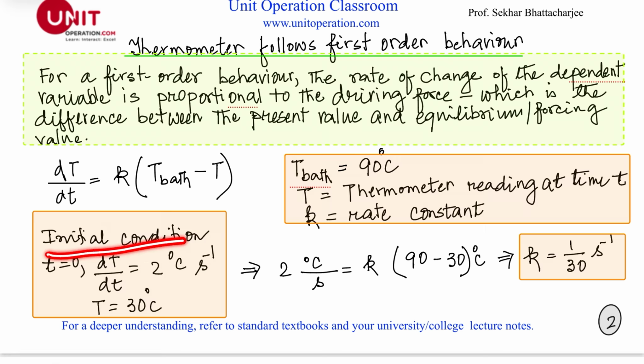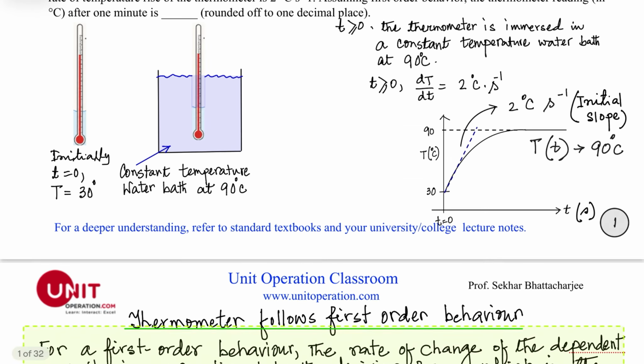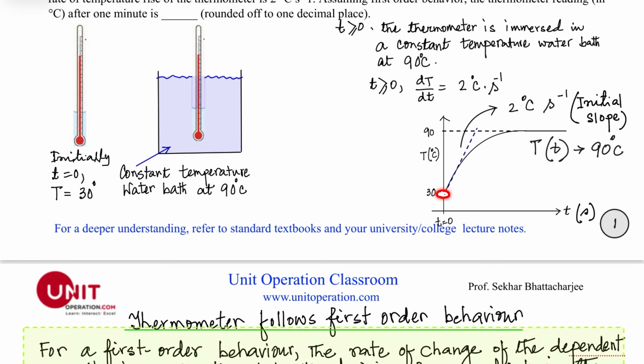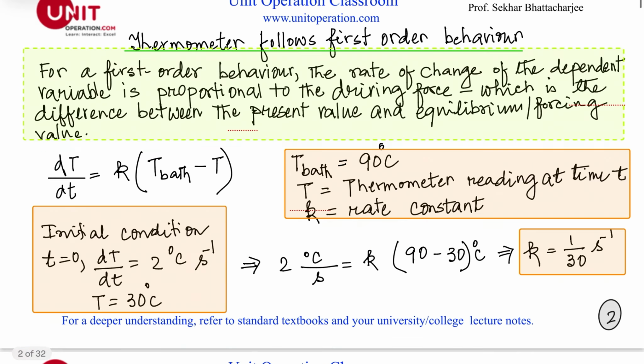And the initial condition is that at time t equal to 0 plus, dT/dt is 2 degrees Celsius per second. The temperature, of course, here is 30 degrees Celsius. Immediately after immersion in the bath, we can assume the temperature to be 30 degrees Celsius, but the rate of temperature rise is 2 degrees Celsius per second.